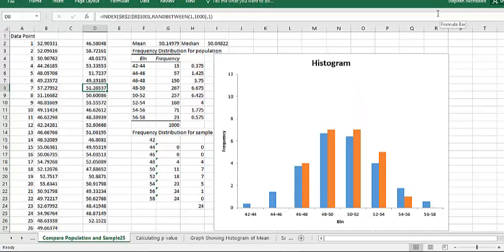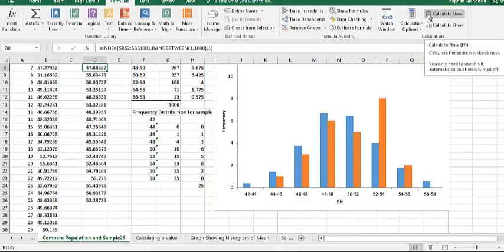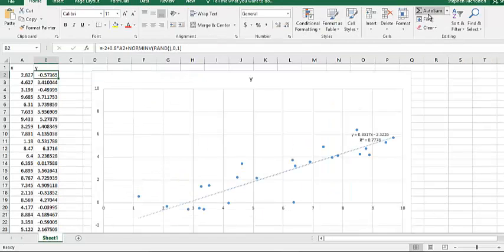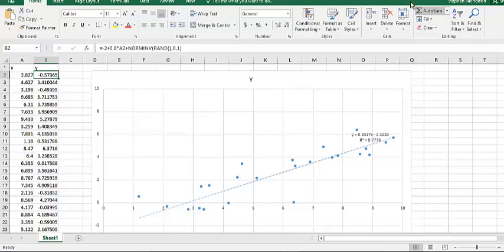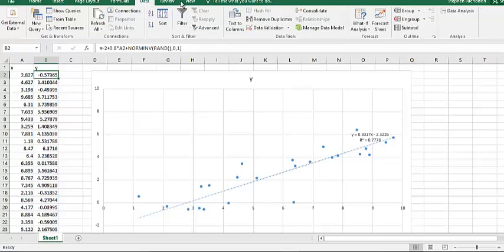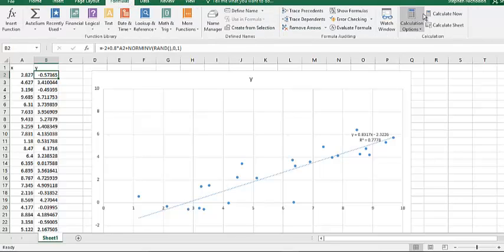There we go. Generate a new set of data. But it's not working. I wonder what happened here. Maybe when I close my computer and do it again, it'll work. So I have to go back up here and push F9.